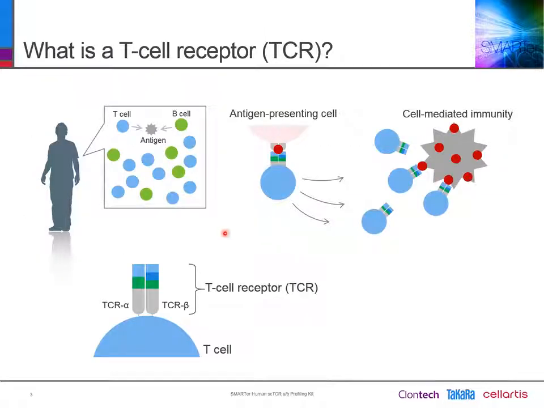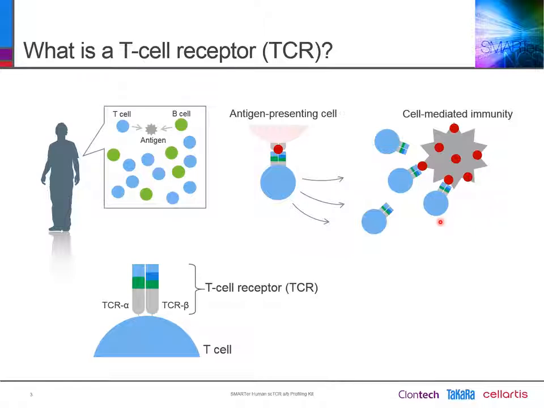So shown here in this cartoon is a B-cell and T-cell repertoire. In a functional adaptive immune system, what you have is a very diverse repertoire of T cells and B cells. Upon being presented with an MHC class molecule, the TCR receptor recognizes a foreign antigen and the T cells can mount a cell-based immune response.